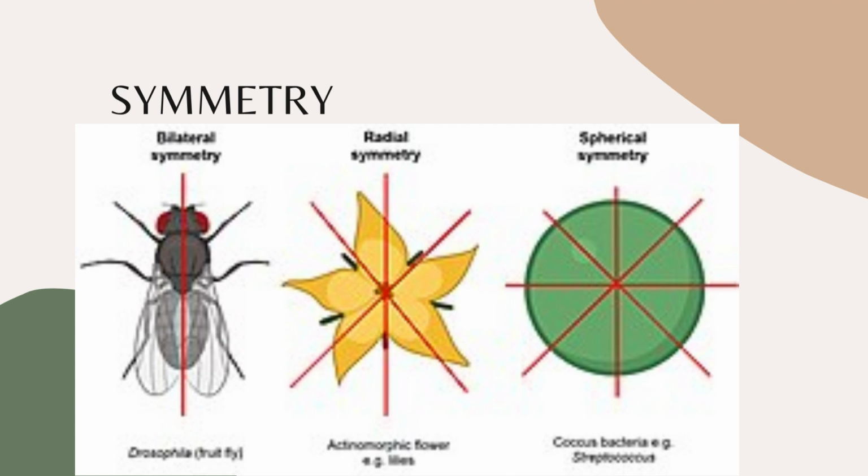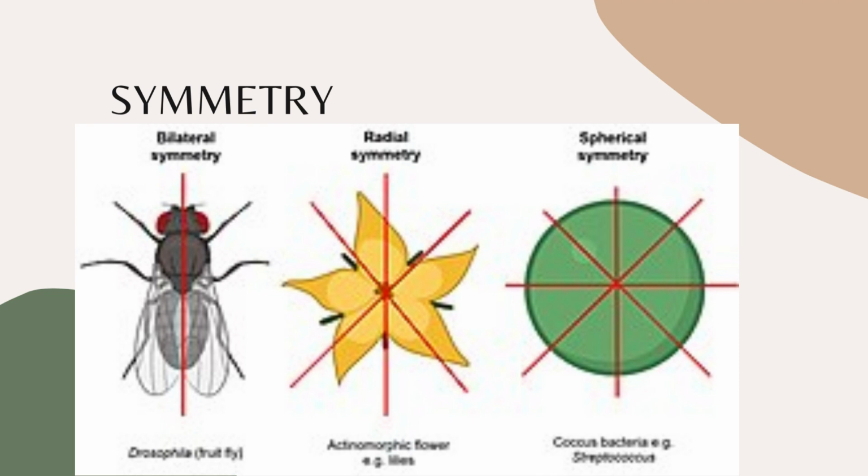Symmetry can be defined as the way in which body parts are arranged in the body plan. There are 3 types of symmetry. The first is asymmetry, then radial symmetry, and lastly, bilateral symmetry. Asymmetry means that there is no symmetry in the body shape.